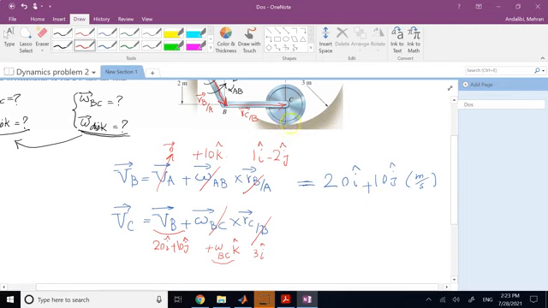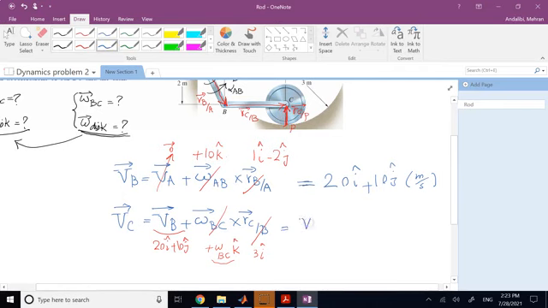So what I will do, I will call this contact point here point P, correct? And I also need this vector r of c with respect to P. P is the contact point between the disk and the ground. So I can also find velocity of c through P and the disk.